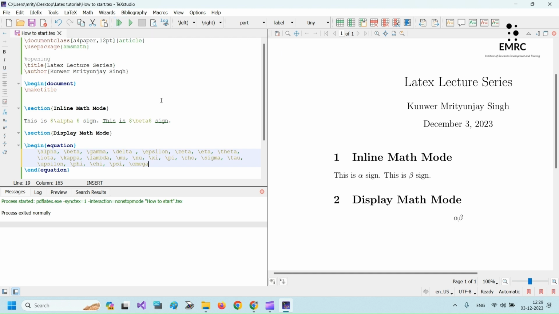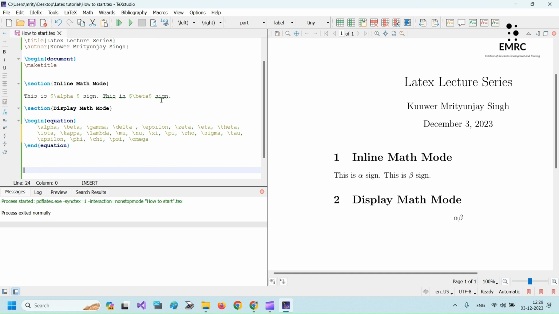I covered most of them, but you can further explore for other symbols.